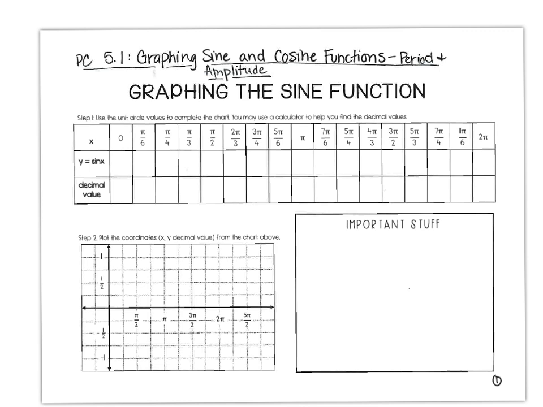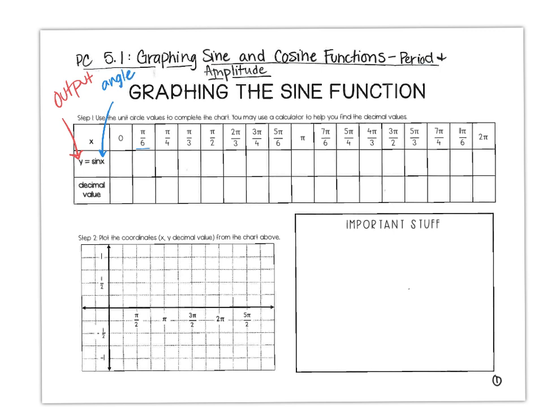So if we start up here, the key is that you are thinking about y as an output, and that's going to be your coordinate when you take the sine of a particular angle. This is your angle, in this case in radians.